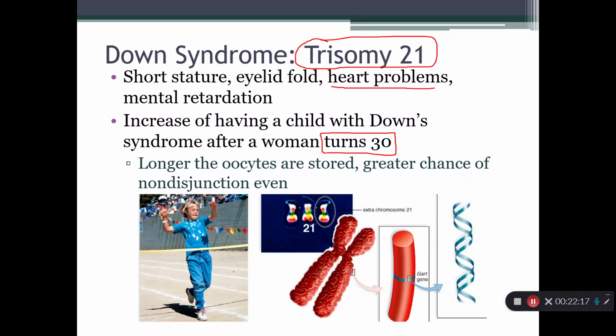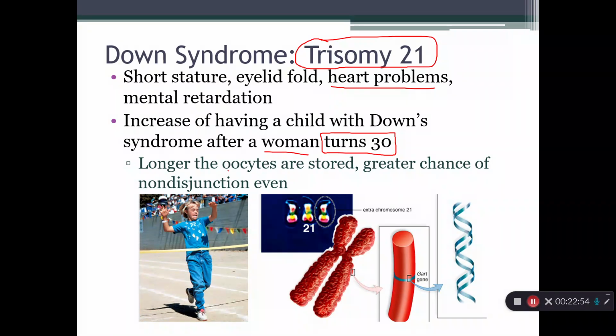A lot of it depends on the woman's age, because males make sperm every day after puberty, whereas a woman's oocytes are made during fetal development. When we talk about different genetic disorders, if they pertain to age, we always consider the woman's age. And so these are the symptoms of Down syndrome that you may see.